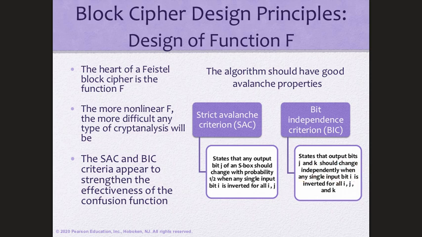So not only is the number of bits that change going to be much larger, but also the pattern of change should be independent from which exact bit has changed in the input, the location of the input bit change, okay? That again gives you kind of the confusion operation. So you cannot really relate which bit had changed when you see the pattern of the output, okay?